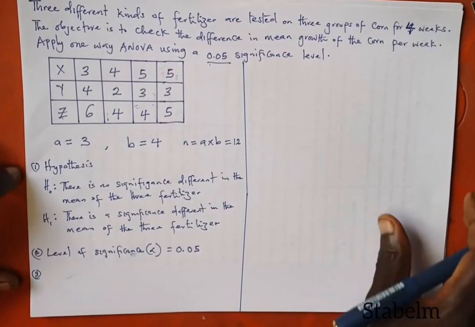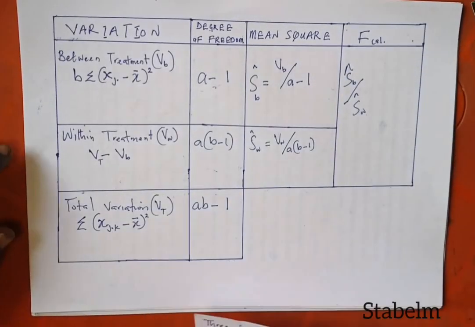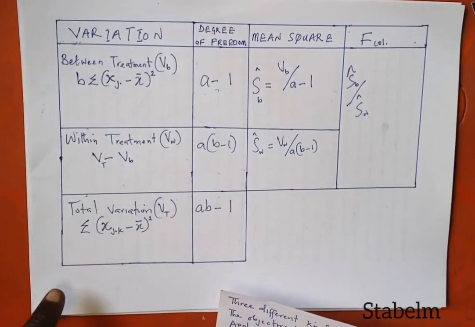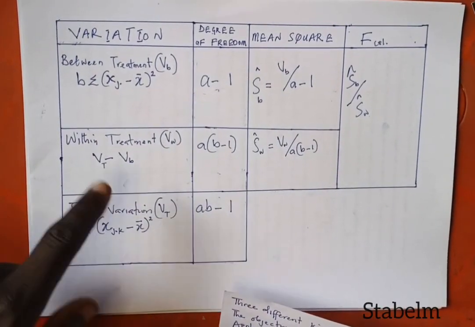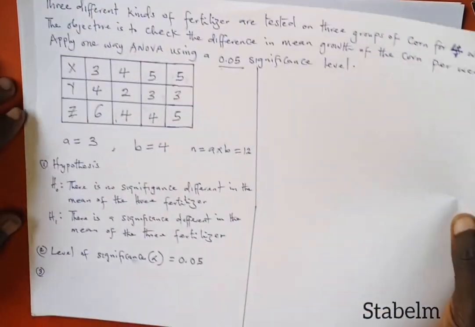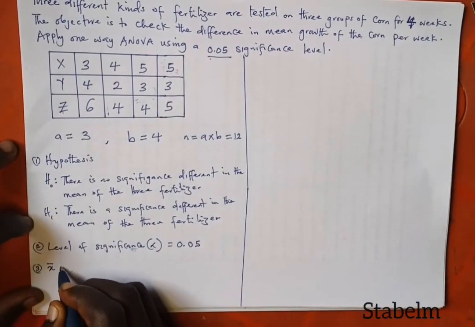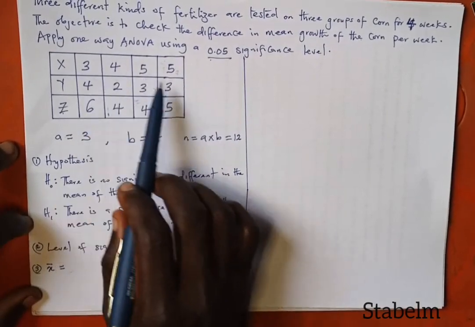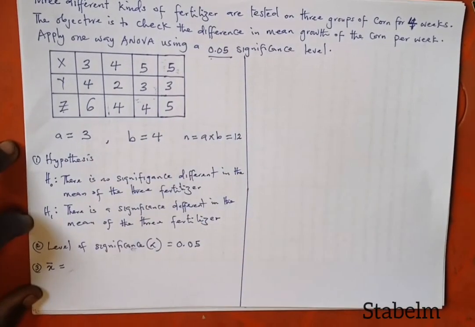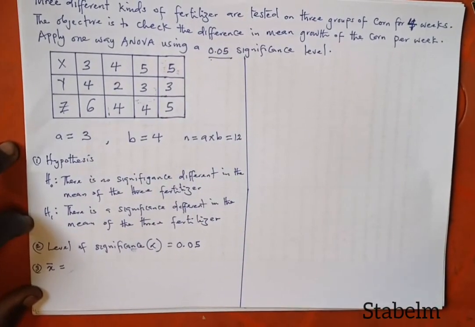Now, the first thing, according to this formula here, you can see we have x bar, and we also have xjk, and we have xj dot. So the first thing we do is to look for x bar. The x bar is the mean of all the observations in the whole treatment.